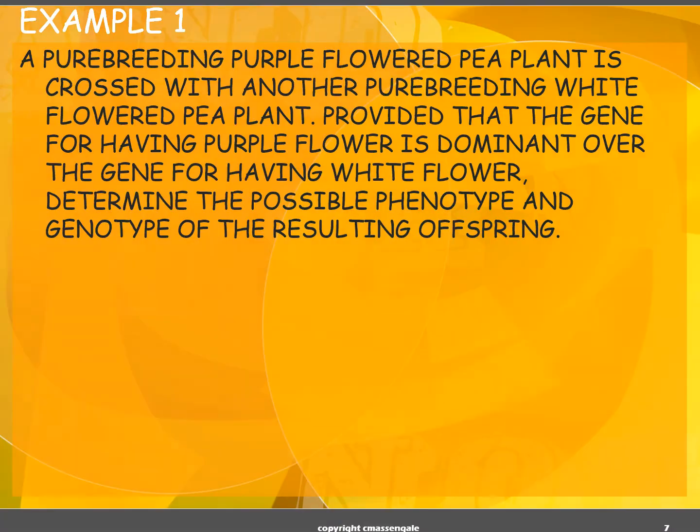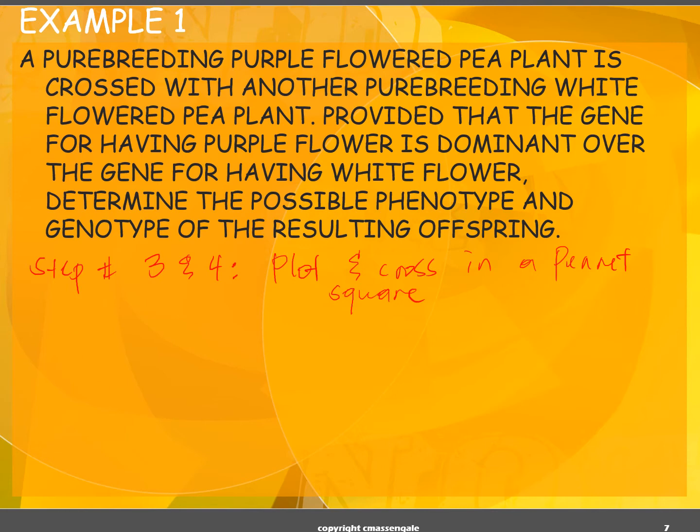Now let's continue with step number 3. Actually, steps number 3 and 4: plot and cross in a Punnett square. So that is step number 3.